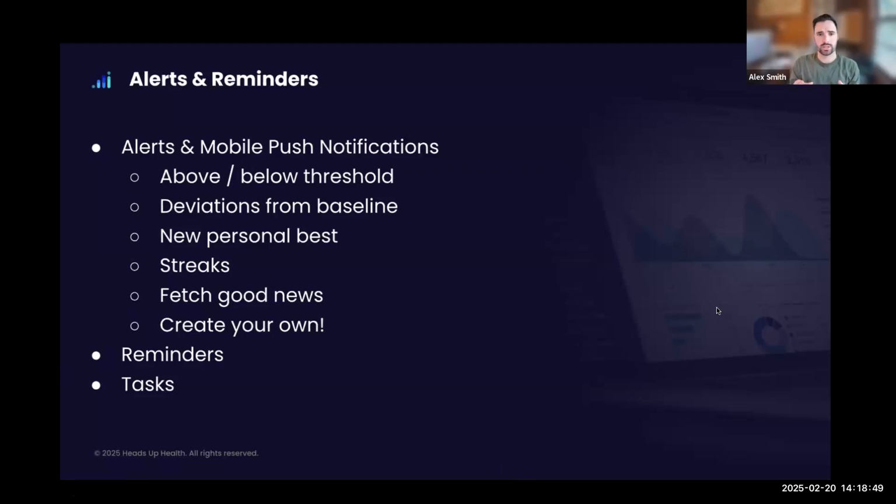Reminders are just more simple, frequent recurrence to remind a user to put in data, whether that's an assessment in Heads Up that you need to fill out once a month for your depression screening, or it's a daily wellness subjective score that you're plugging in. Just how do you feel today on 1 to 5? Any of those kinds of things, you can set up a reminder and just say, notify this user to do a thing every day, every week, every month. Reminders are a way to dynamically do that on any of our data points.